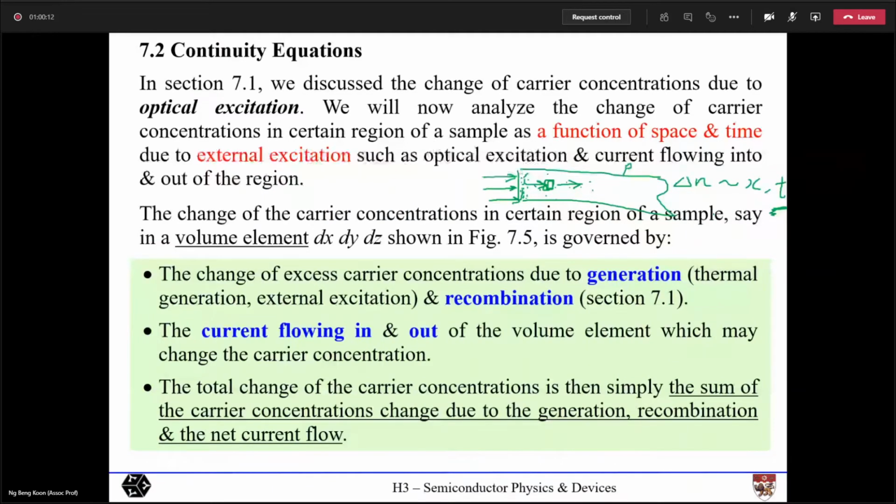For example, if it's holes flowing, holes flowing in is not the same as holes flowing out. That means there's an accumulation of holes in this element, which means the delta N or delta P in this element would increase. It will change, which the rate equation doesn't take into account. So we need to take into account this effect of current flow to complete the whole analysis.